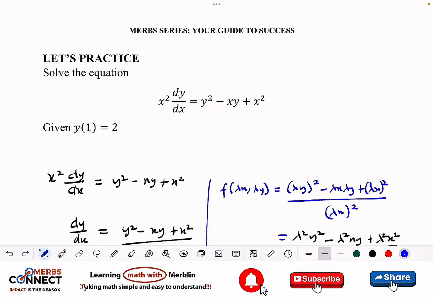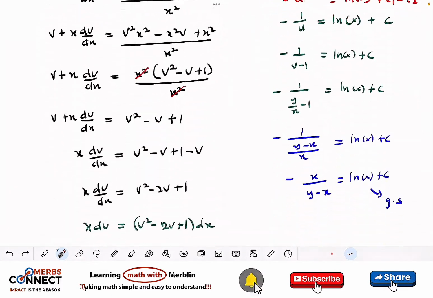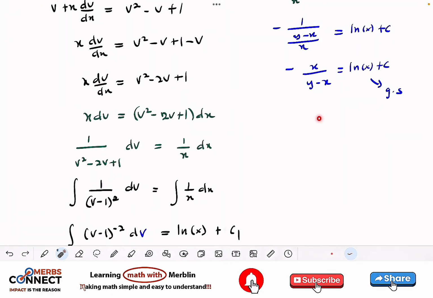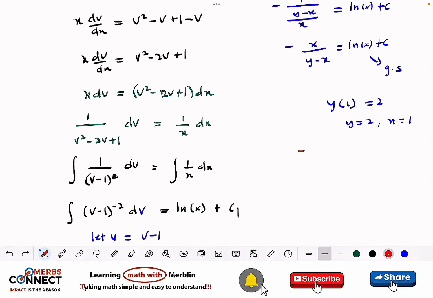But I think they've given us an initial condition, so it will help us to get the particular solution. So we know that y of 1 is equal to 2. This implies that y is 2 and x is equal to 1. So let's see what we can get. Minus 1 divided by 2 minus 1 is equal to the natural log of 1 plus c.